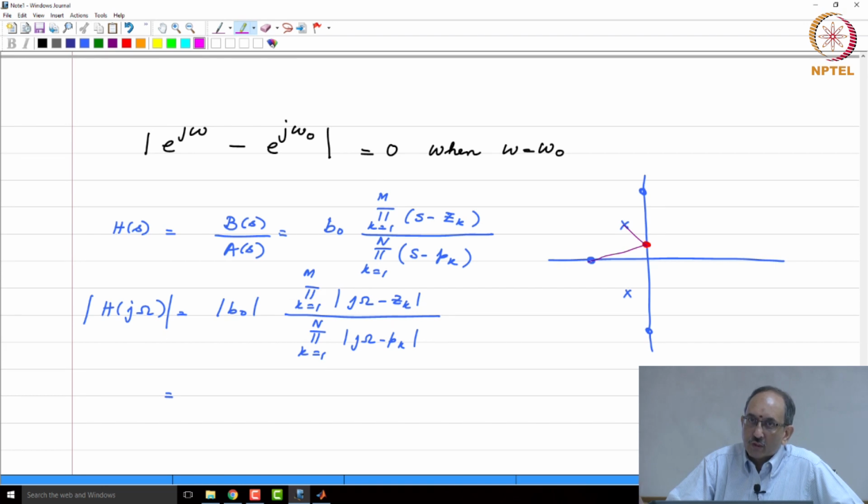The origin always was at a constant distance. Is there a point here which is always at a constant distance as you move along the j omega axis? No. Therefore, there is no counterpart to the trivial pole or trivial 0 case that was there in the discrete time system. Such a concept does not exist in the continuous time case.